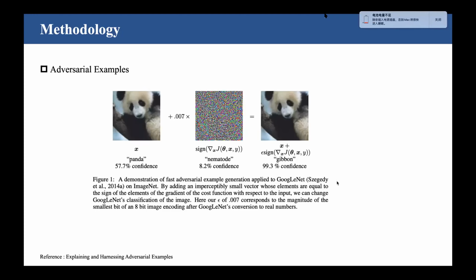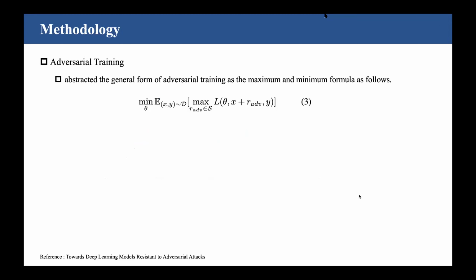But after adding a small perturbation, the model classifies the picture as a gibbon with a confidence of 99.3%.